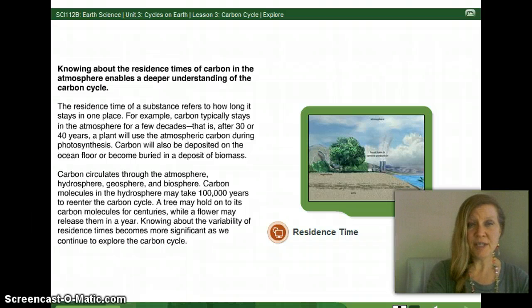One important thing is knowing about the resident time of carbon in the atmosphere, and it helps us to have a deeper understanding about the carbon cycle.